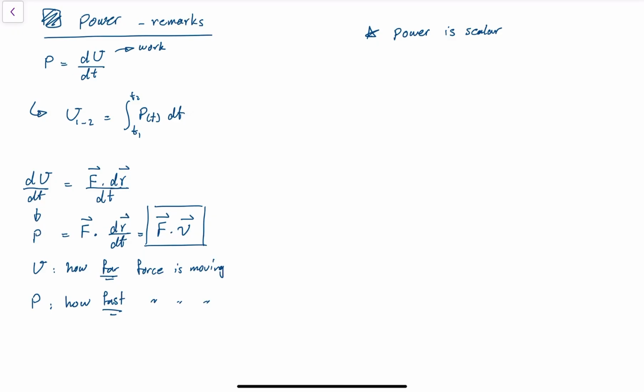Let me box this. Power is a scalar, and the unit, we discussed it, is the watt, a big W. And yeah, I think that is all I have for power here.